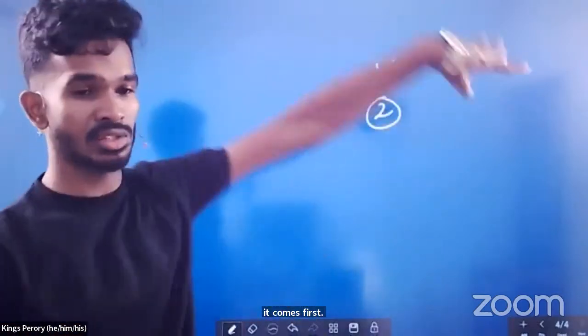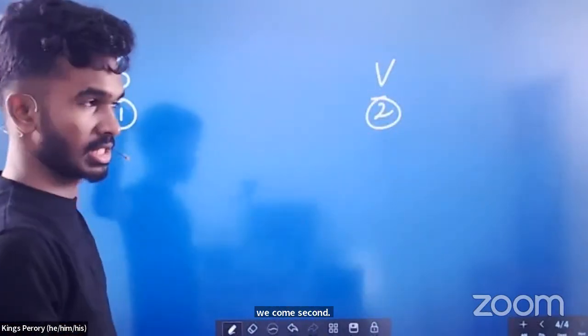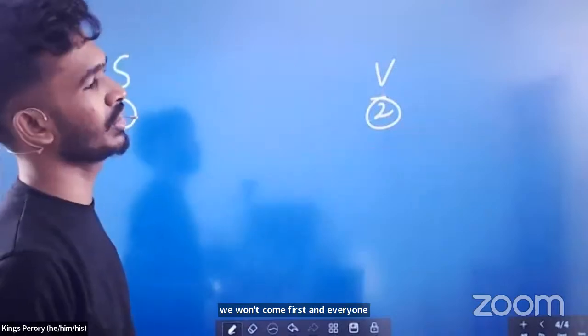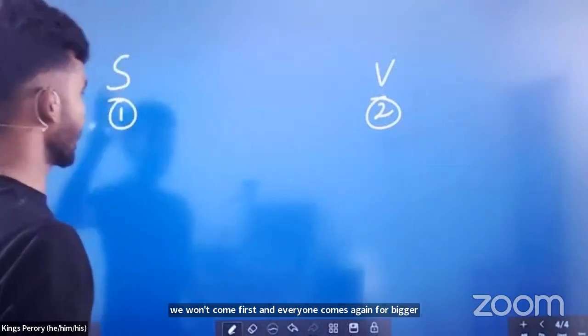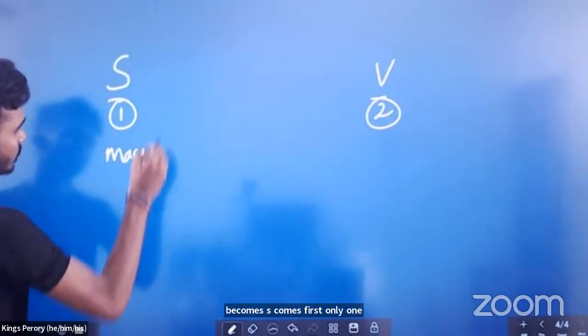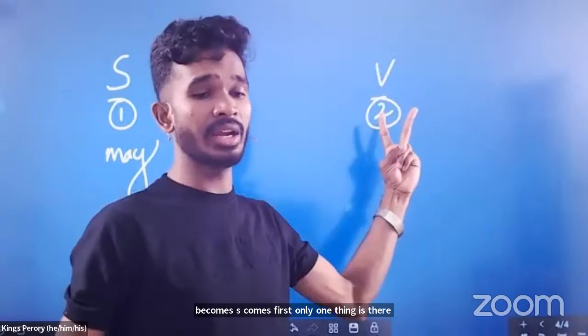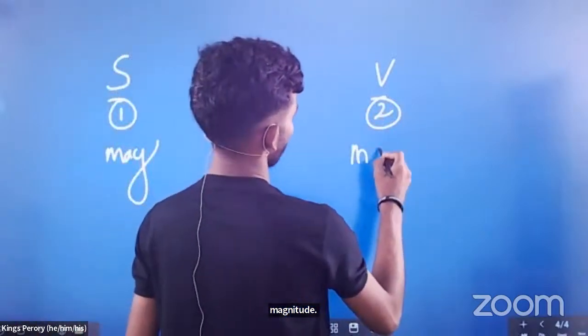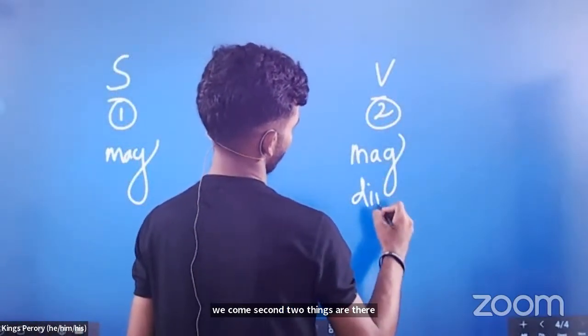V won't come first and S won't come second. S comes first, only one thing is there, magnitude. V comes second, two things are there, magnitude and direction.